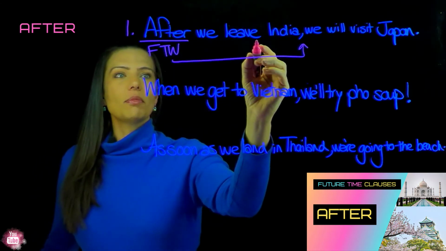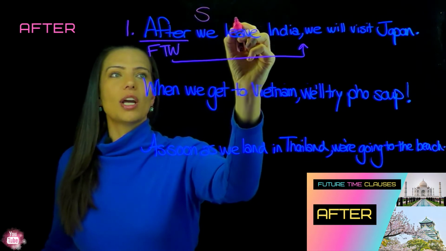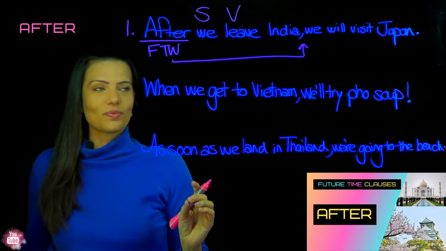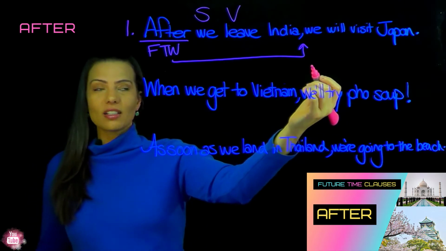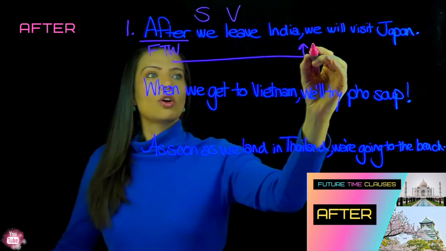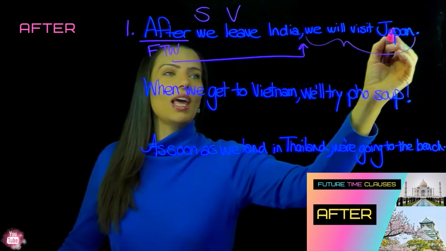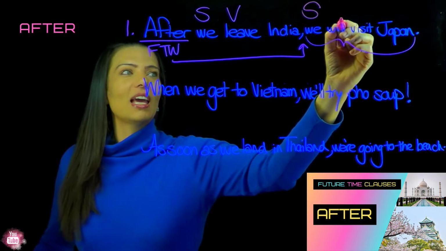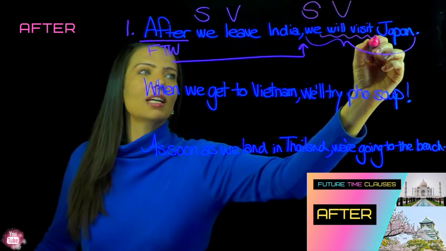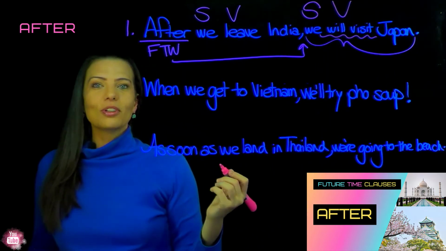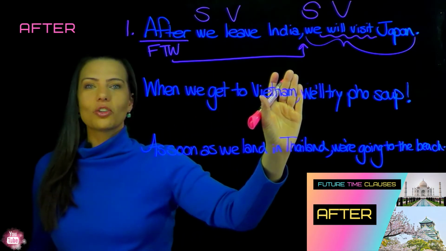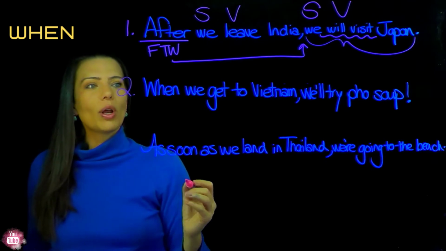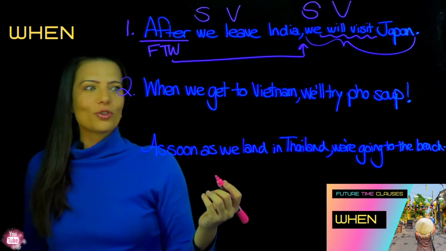The future time clause is written with the subject and the verb, and this is in the simple present. When we take a look at the next clause, which is the main clause, we will visit Japan. And here we have the subject and the verb, will visit, in the simple future. So this is correct.